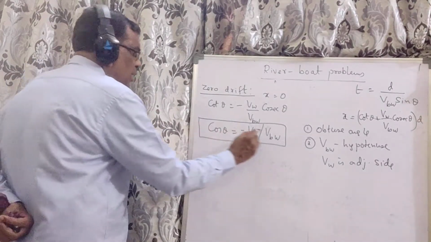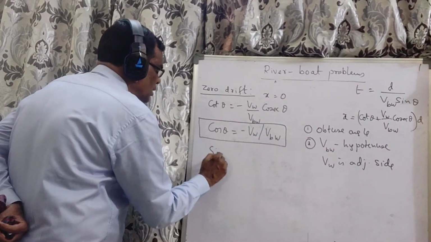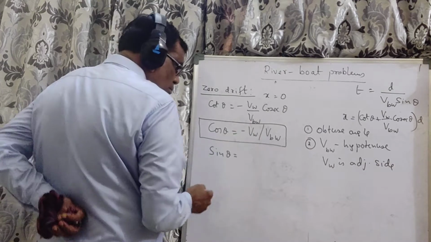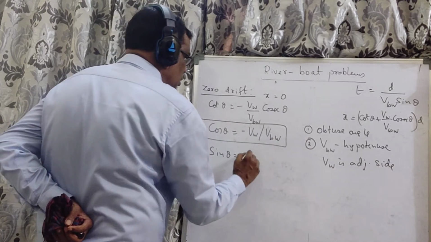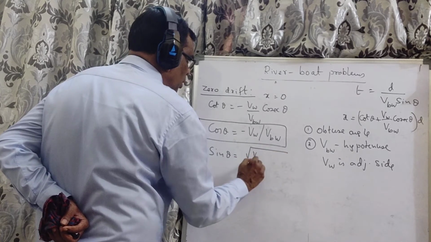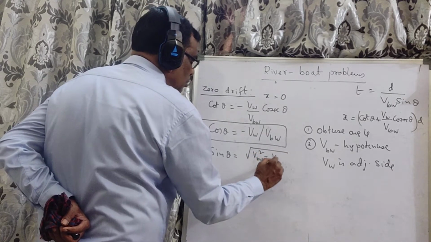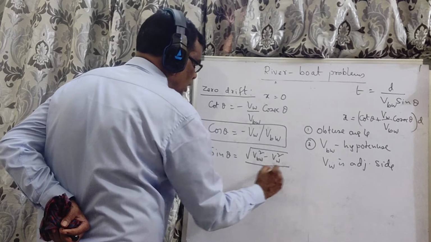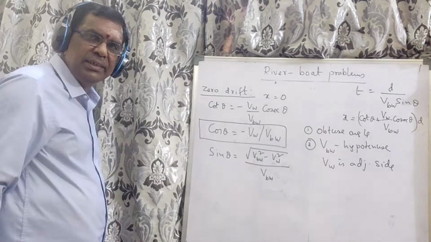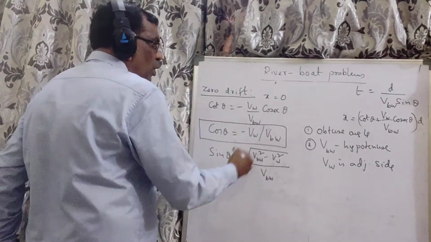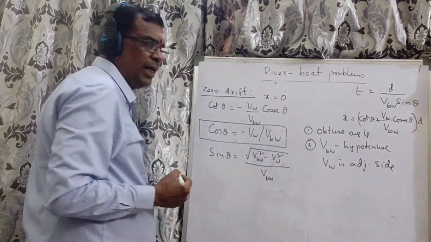If cos theta is this, what is sin theta? This is hypotenuse. Therefore, under root of hypotenuse square minus adjacent square by VBW is your sin theta. So, if you want to get time, you can get time.